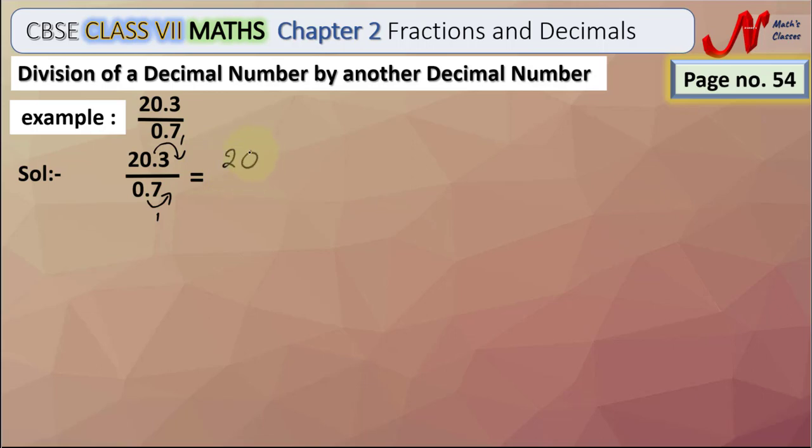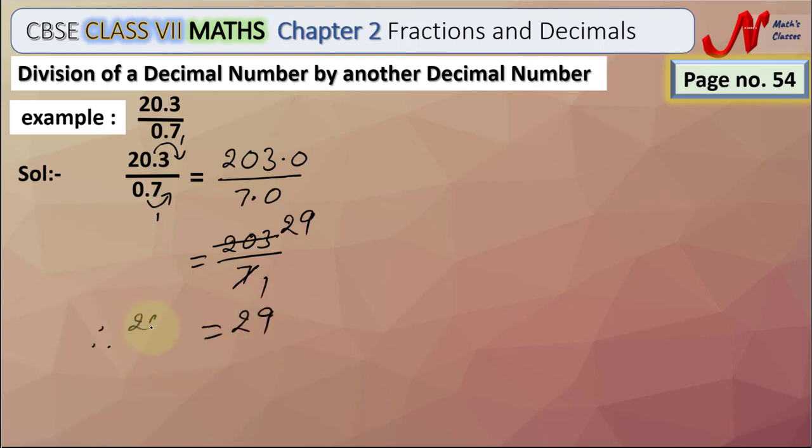So it can be written as 203.0 over 7.0. It can be written as 203 by 7. So by cancelling, 7 ones are 7, 7 twos are 14, 6 remaining, it becomes 63. So 7 nines are 63. So we get 29. Therefore 20.3 divided by 0.7 is equal to 29.